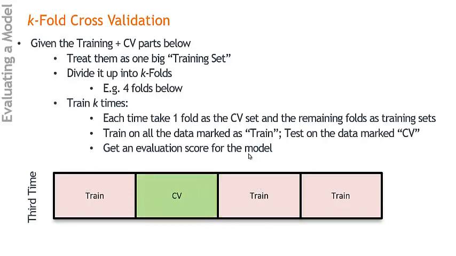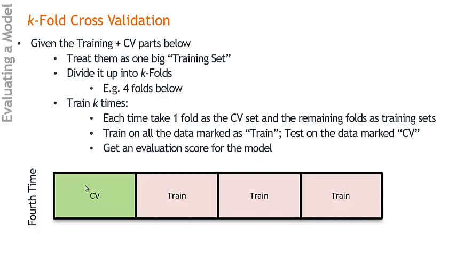Train on these three sets, take that as your training set, and then use this CV basically as a preliminary testing set. So you have done 4 preliminary tests, tested on 4 preliminary sets, and you're going to get 4 evaluations of your model.